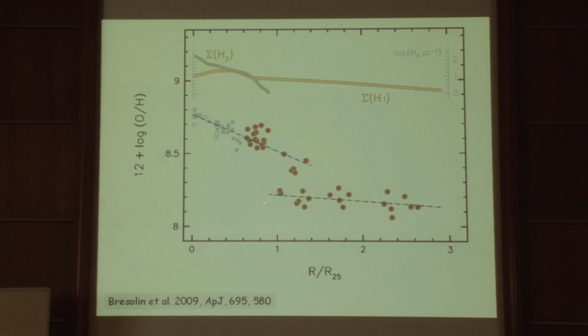First of all, the gradient became much shallower. You could argue almost flat within the errors, but still surprisingly metal rich, only at the minimum about 1/3 to 1/4 solar, even though the gas fractions out there we think are very high.